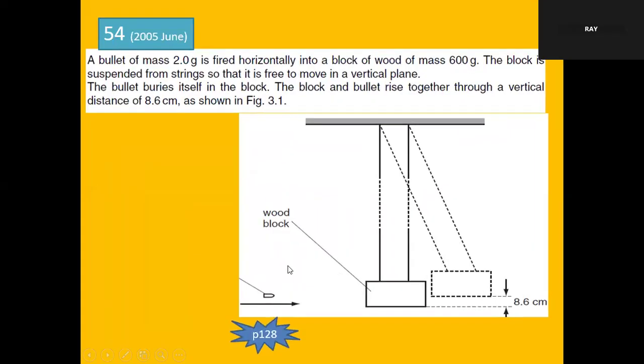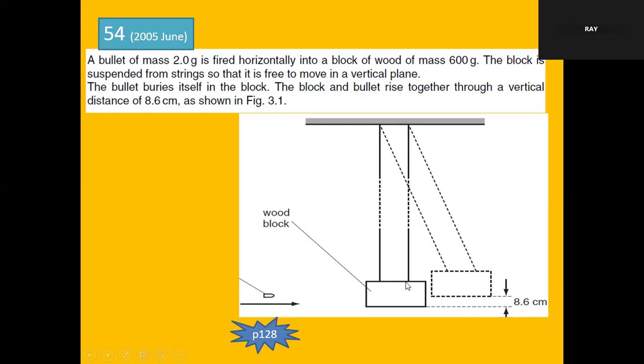Okay, try this one. You have 10 more minutes. A bullet of mass 2 gram is fired horizontally into a block of wood of mass 600 gram. The block is suspended from a string so that it is free to move in a vertical plane.